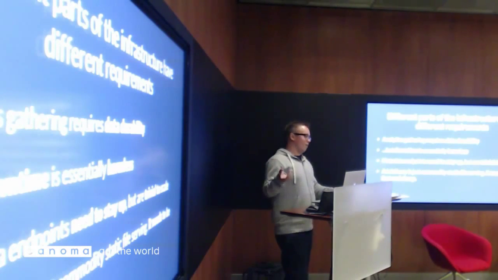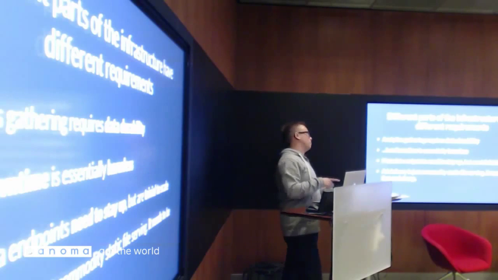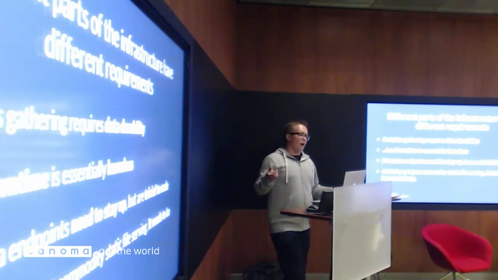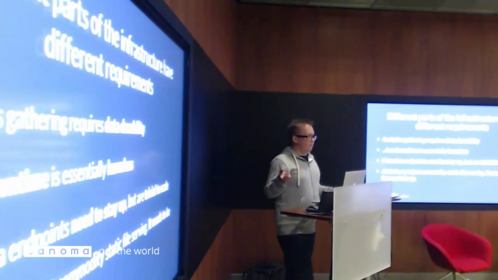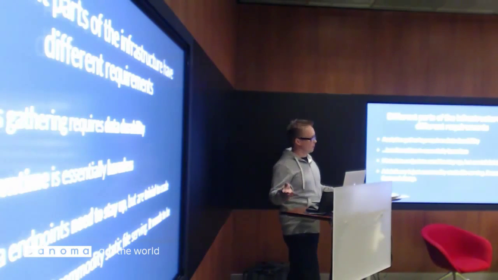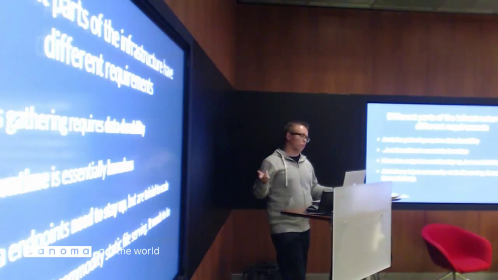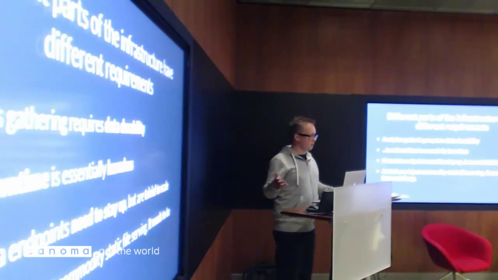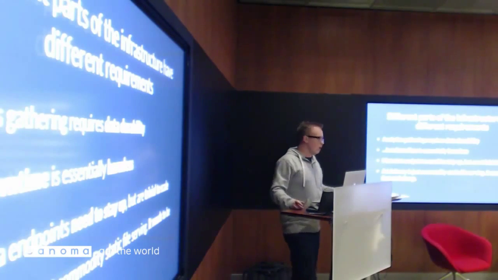So we have the metadata endpoints, for example, on Heroku, and a $35 a month Heroku Dyno serves hundreds and hundreds of requests per second with this workload. So it's really, really trivial to scale up.